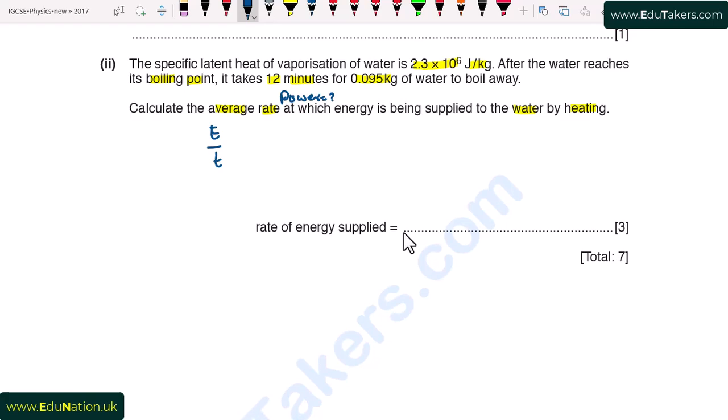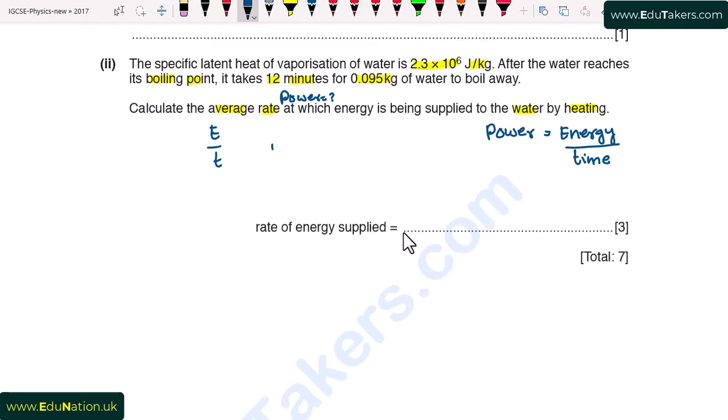So I write here the formula of power: rate of energy supplied, energy over time. But here we don't know the value of energy. So first of all, we have to find out the value of energy and then we can easily calculate power.